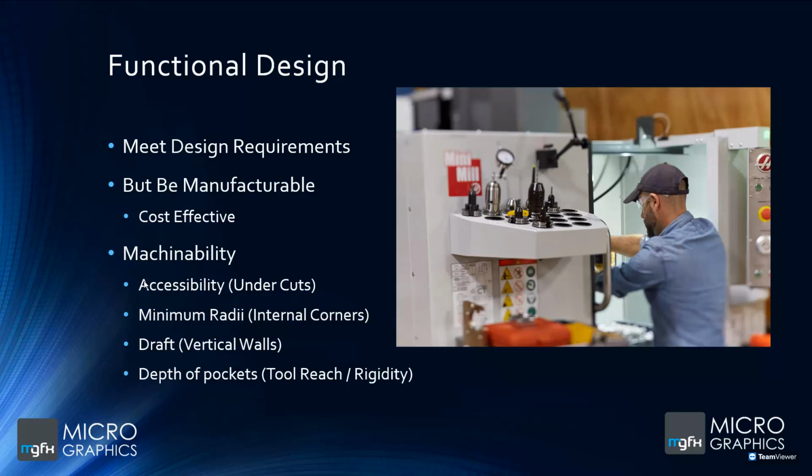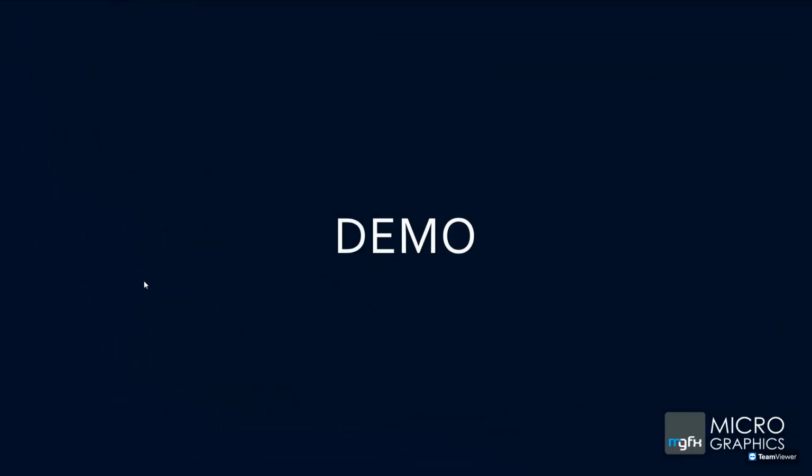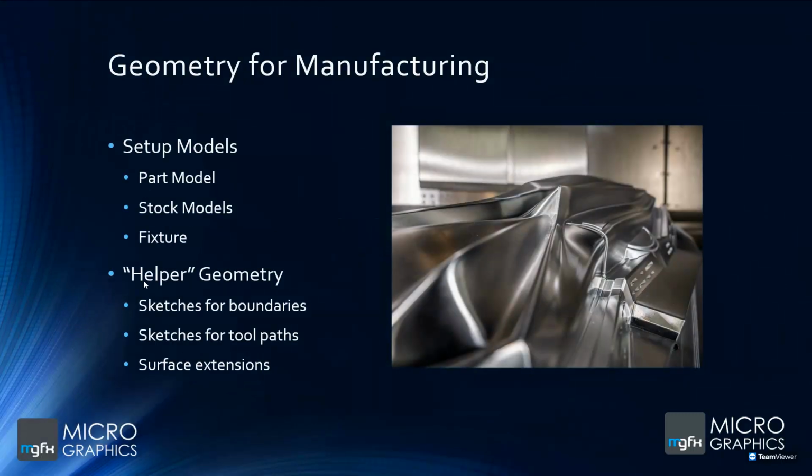Now, like I said, this is going to be a short section because I want to concentrate more on the geometry for manufacturing, looking specifically at components and what geometry we can add to those components to help the manufacturing process. Some of this geometry for manufacturing would include setup models, the actual part model itself that you want to produce.